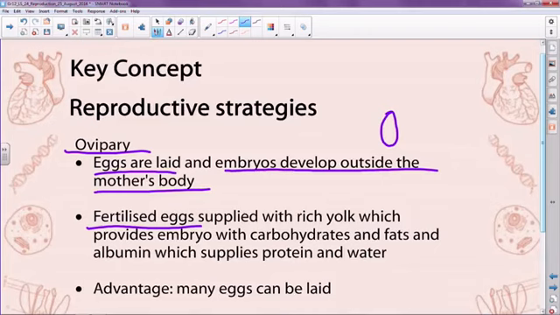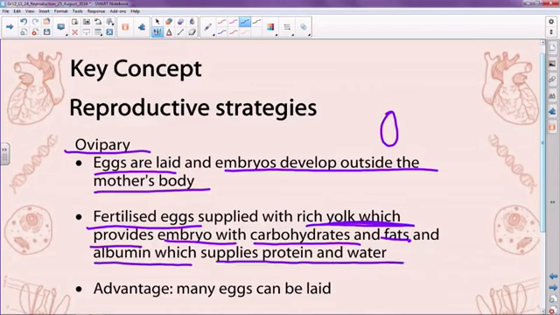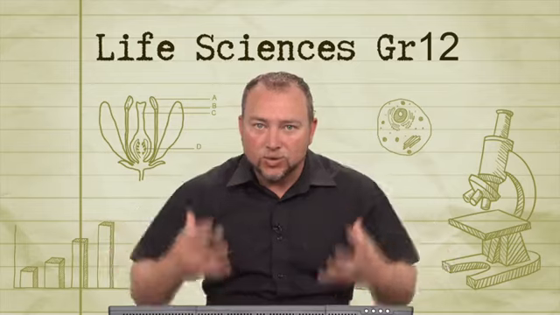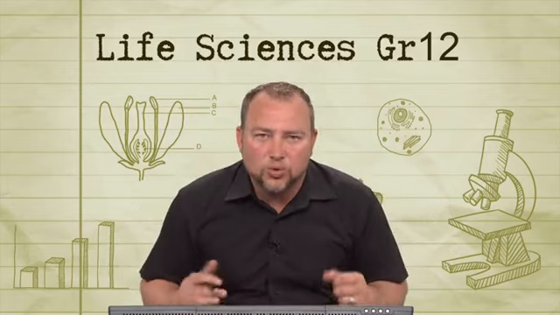Now here, fertilization: fertilized eggs are supplied with a rich yolk, which provides the embryo with carbohydrates. Remember, carbohydrates give you energy. It's fats and albumin, which supplies protein and water. Albumin gives them the protein because you need protein to make new cells, or should I say muscle cells and all of those things.